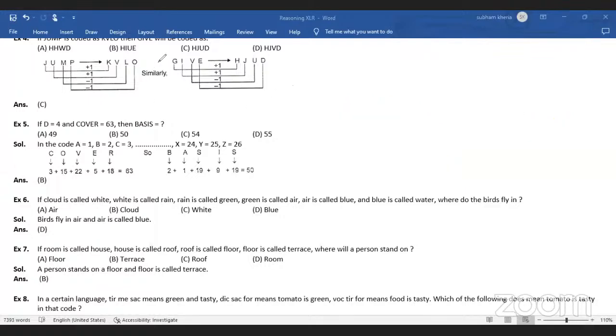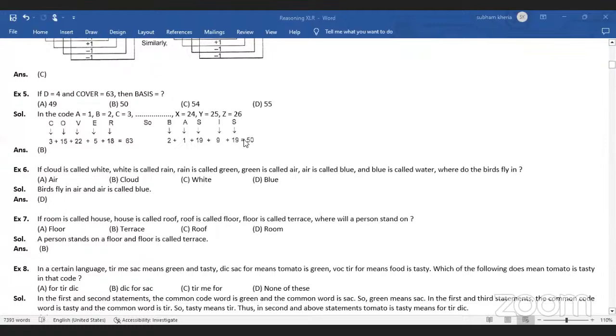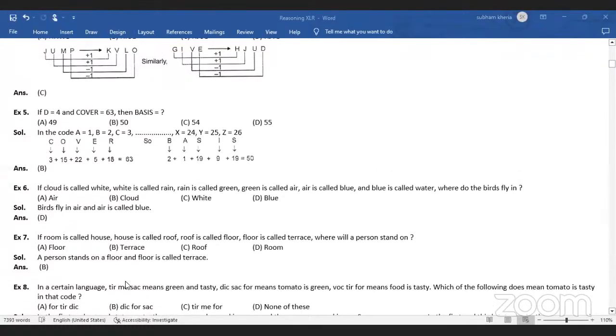Example 8 will help us in understanding that. See example 8. It says, in a certain code language, tar mein sack. These are random words. This has no meaning. Tar mein sack means green and tasty. 3 words, 3 meanings. Dick sack for means tomato is green.